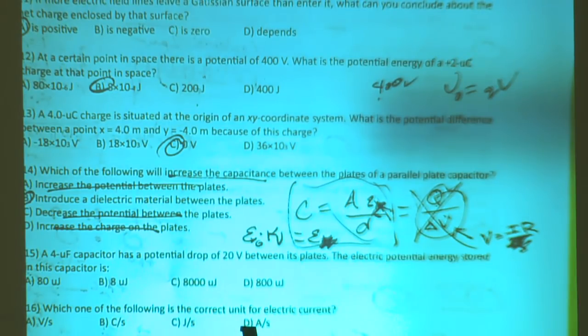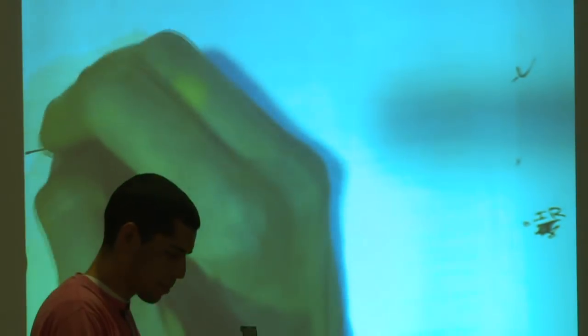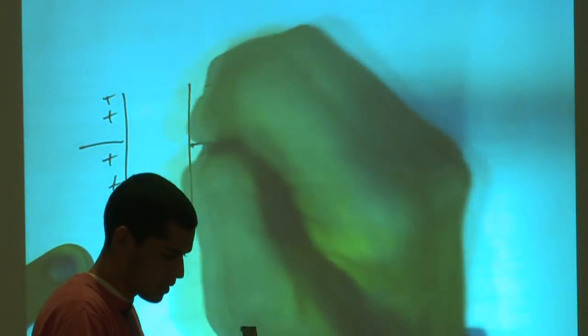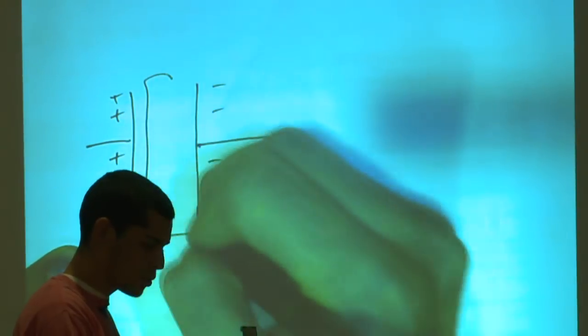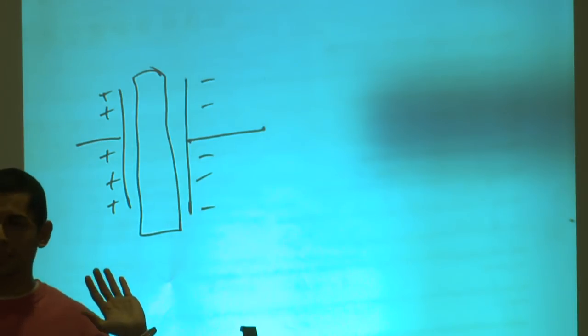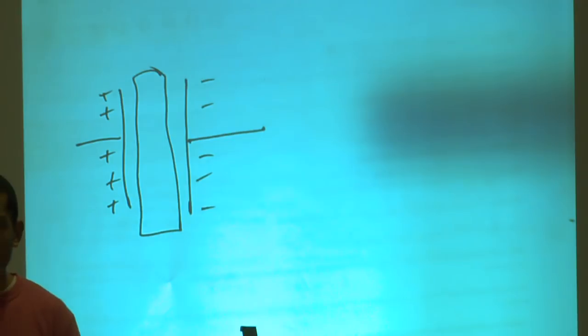Use up all these papers. So we have a parallel plate capacitor, right? One is positively charged, one is negatively charged. We like to introduce a dielectric inside for two reasons. One, to increase the capacitance. Two, in the real world we have 500 capacitors inside of our cell phone.